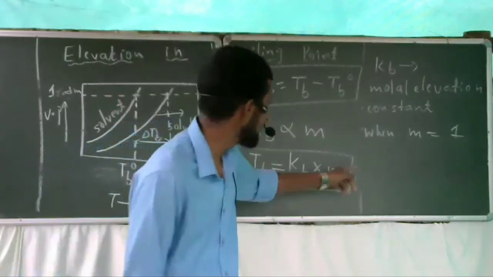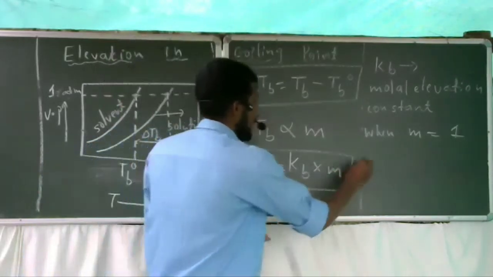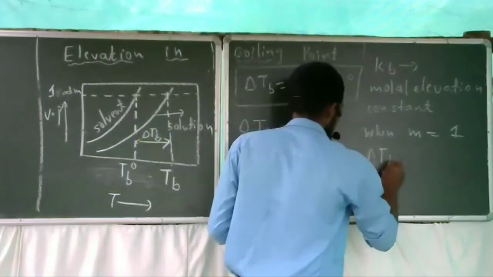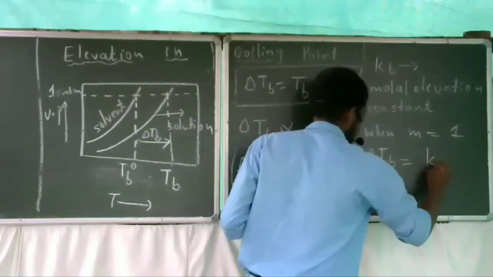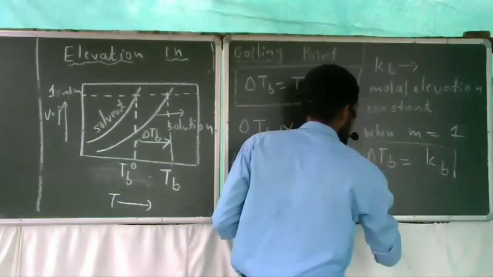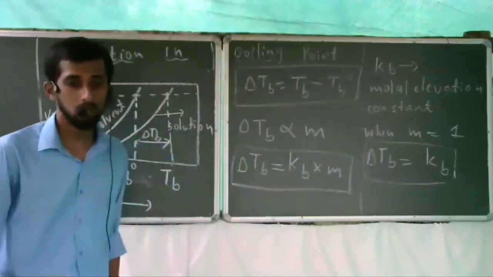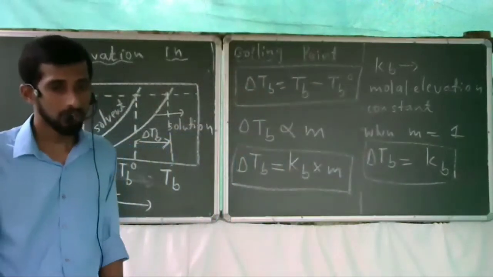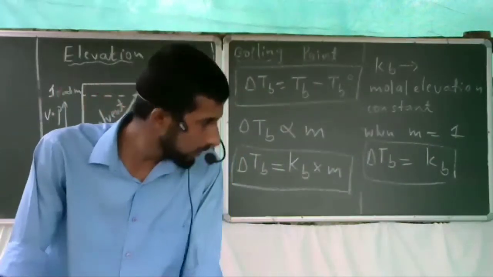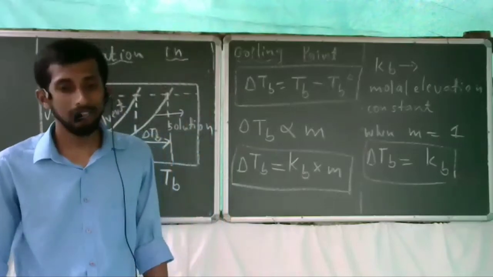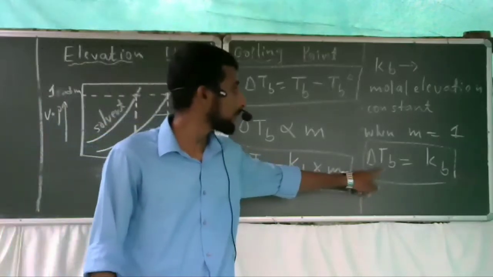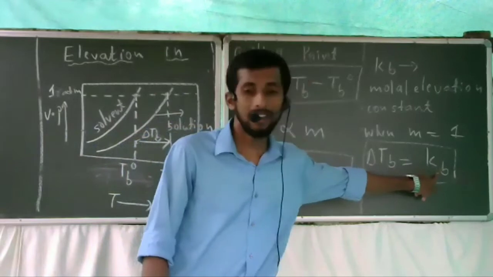Then delta TB is equal to Kb, right? When the concentration of solute is 1 molal, then the elevation in boiling point delta TB is equal to Kb.